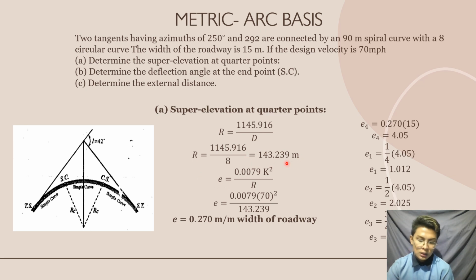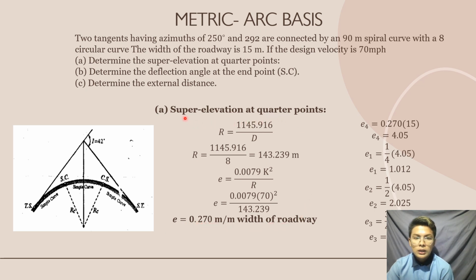Next we get our e using the formula 0.0079 k squared divided by r. By using that, e is equal to 0.270 meters, the width of roadway.